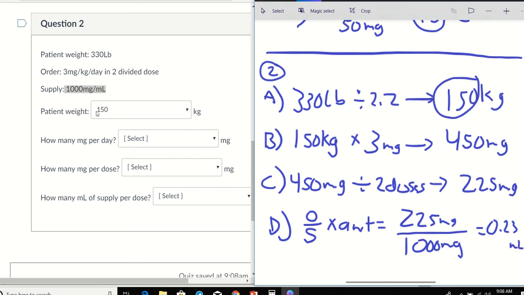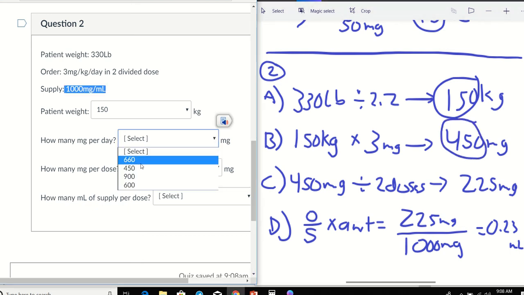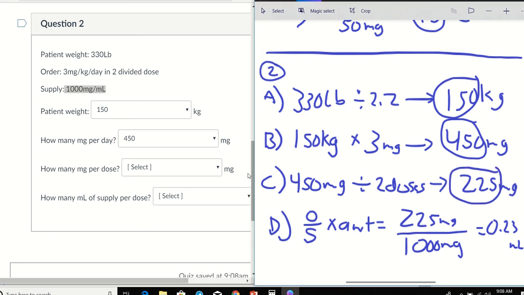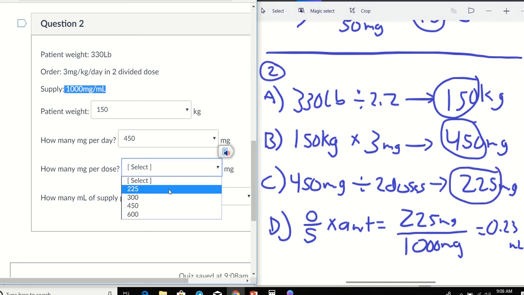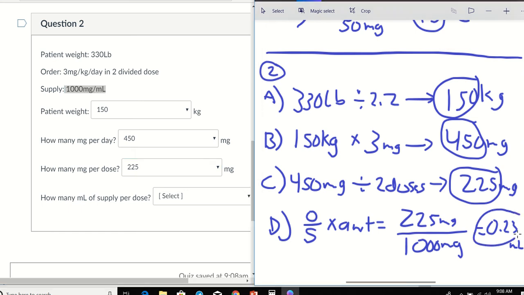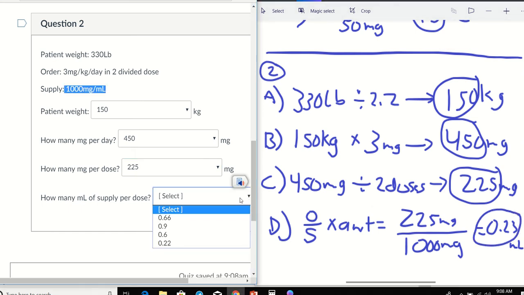All right, so 150 is good. We got that in A. The daily amount, we got 450. The per dose amount, 225. And the amount of drug per dose, 0.23 mLs.